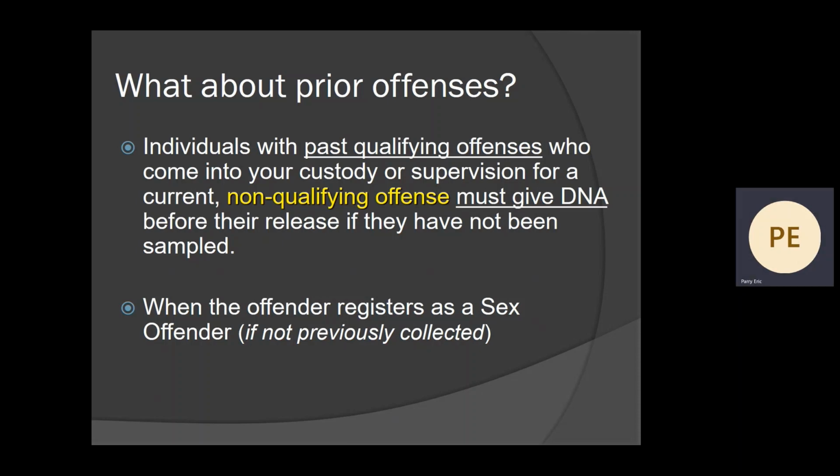Even if it wasn't for this time, you still should collect them, even if they were not convicted or jailed for a collectible offense this time around. But if you look on their rap sheet and they had previously, still you must give a DNA sample. They must give a DNA sample. And like I said before, if they are on the sex offender registry and had not previously been collected.